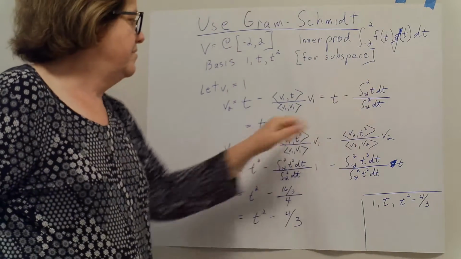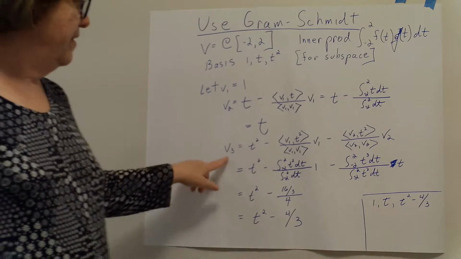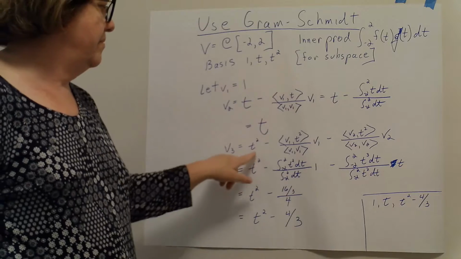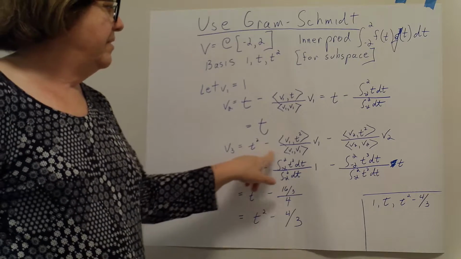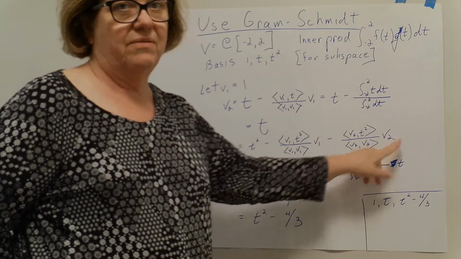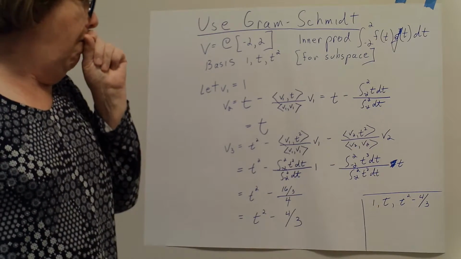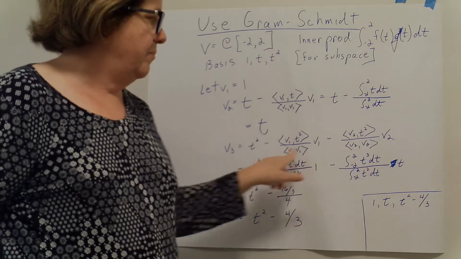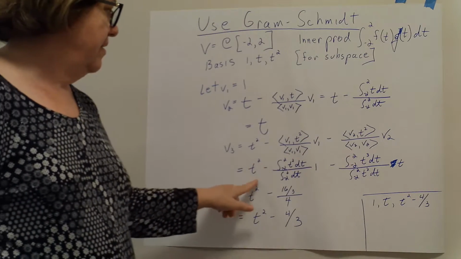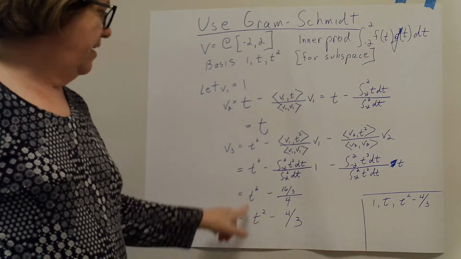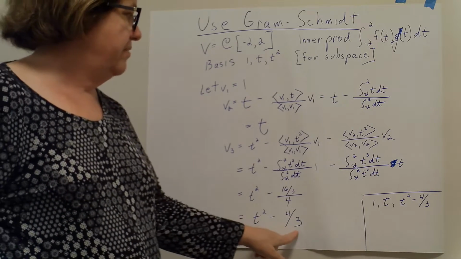So that's why this just turned out to be t. So then the third would be t squared, the third component, minus the projection of t squared on V1 minus the projection of t squared on V2. So we've got inner products instead of dot products. So we do the calculus, and we should get t squared minus 4/3.